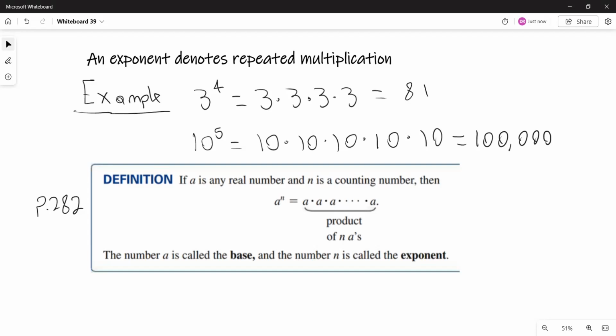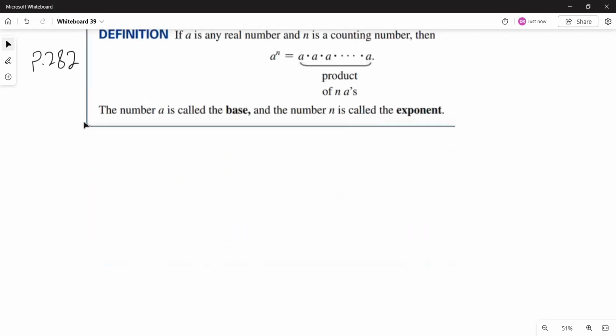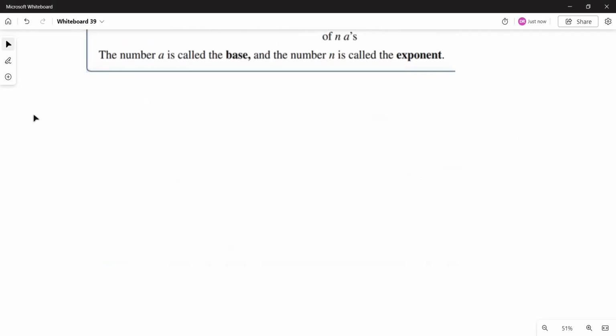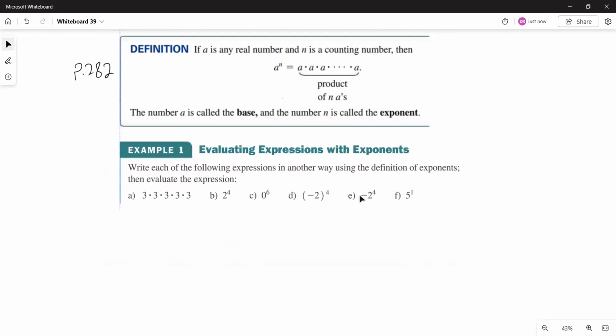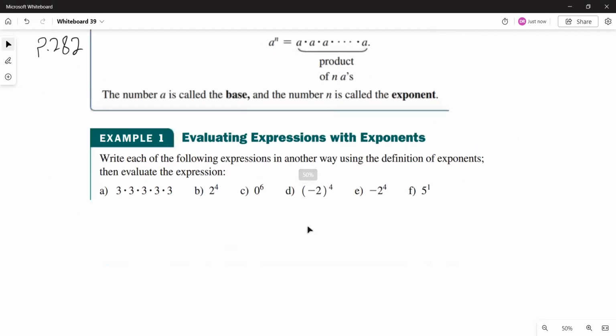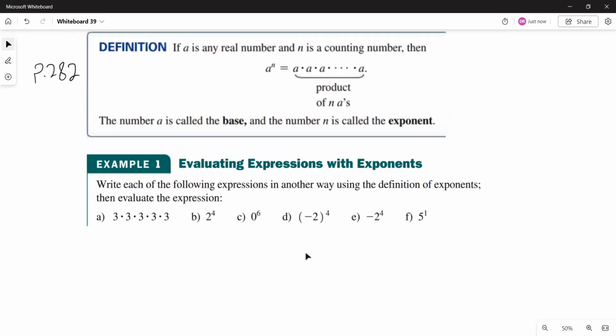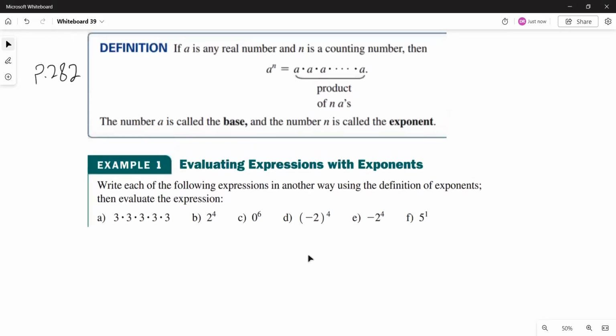So I'll copy the first example from the book. We are evaluating the expressions. So same page, 282. Write each of the following expressions in another way using the definition of exponents.